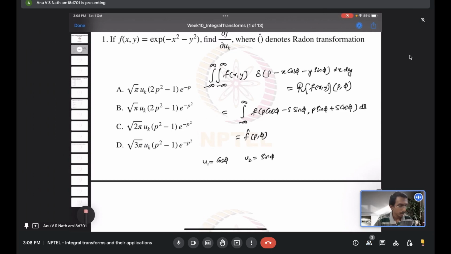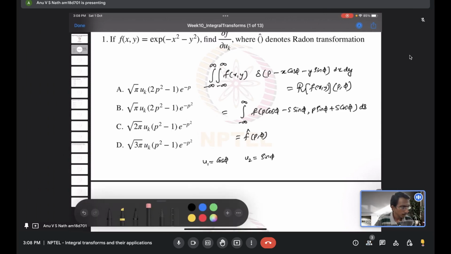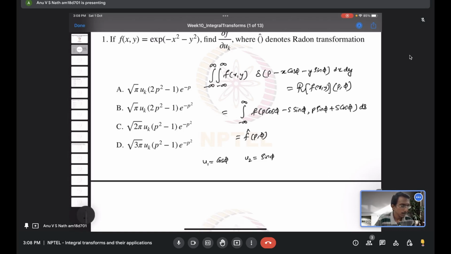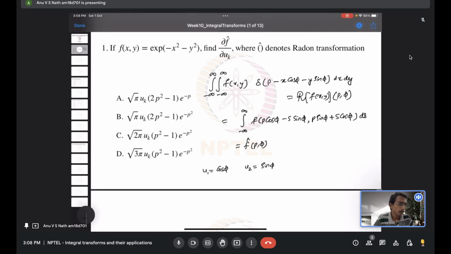I hope you have tried doing this. Anyway, I will start explaining how we can do this. First of all, this is asking for the derivative of the Radon transform.